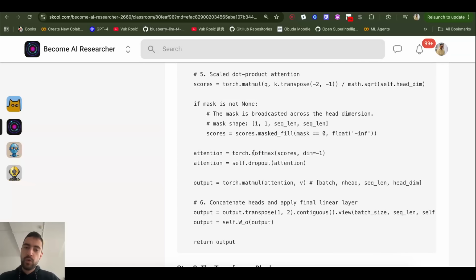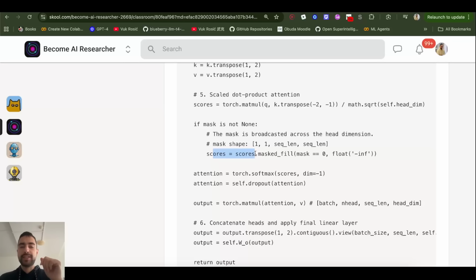And then we calculate softmax, because previously these scores are just numbers, logits. They don't add up to 1. They don't add up to 100%. So they can be like 2, 1, 0.5, whatever. And we need to make them add up to 100% because, let's take this token as an example. It needs to know how much to take of the information of context of every other previous token.